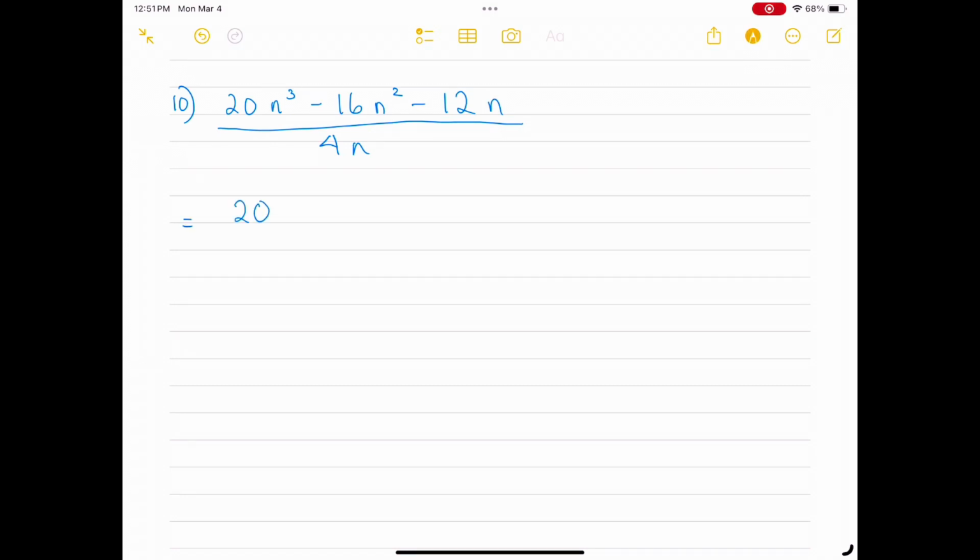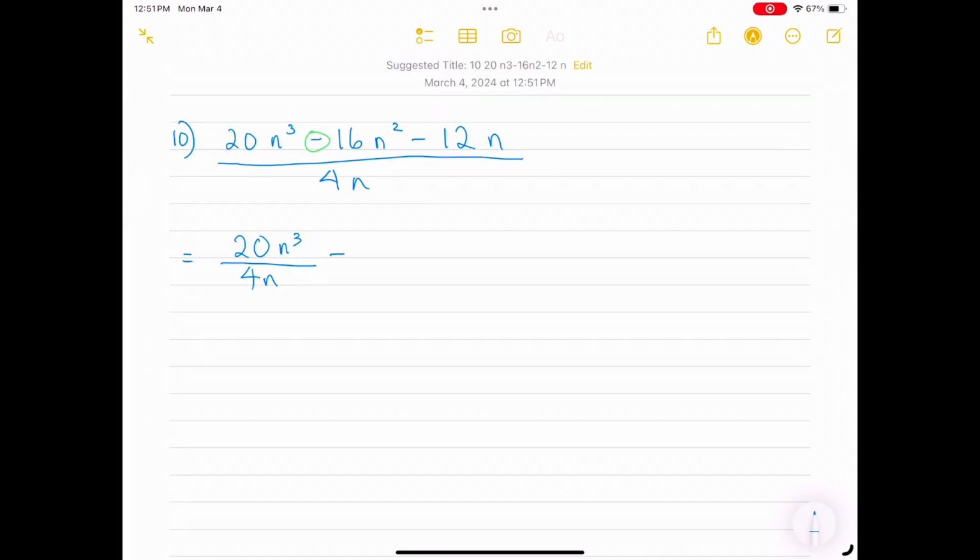And once again, we divide each term above the division line with 4n. We rewrite this on the next line, 20n to the third over 4n minus 16n squared over 4n minus 12n over 4n. And then we simplify.